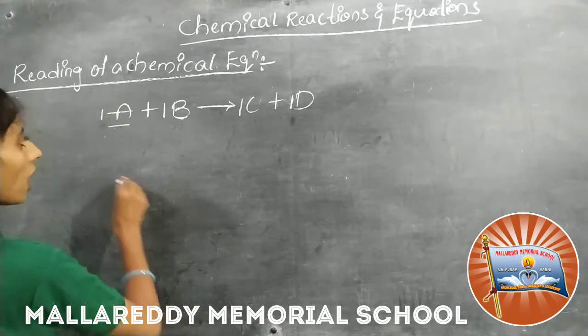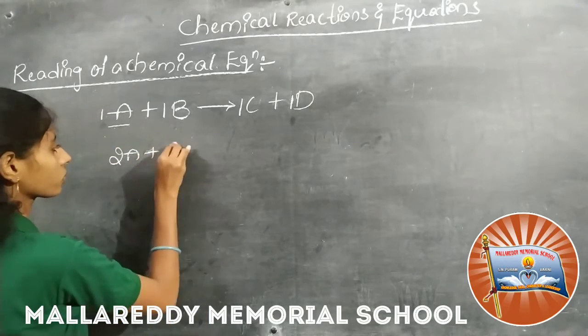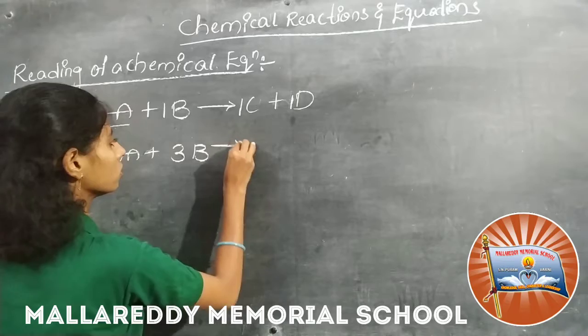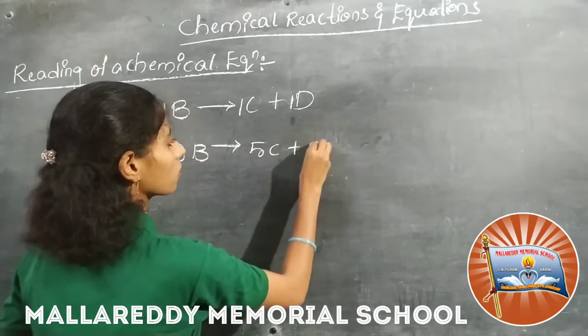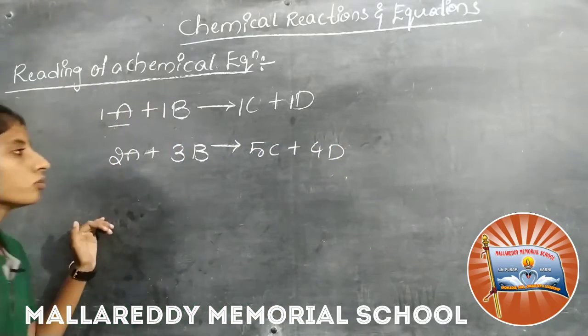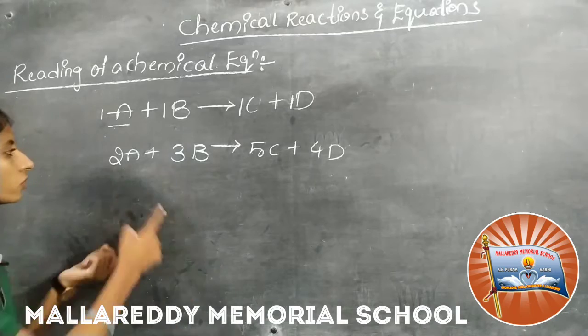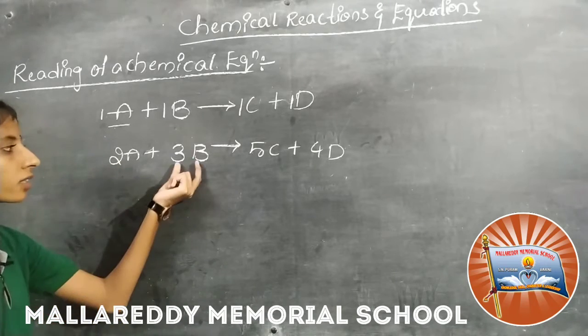For example, if we have the numbers like this, now on the reactant side we have 2A and 3B.